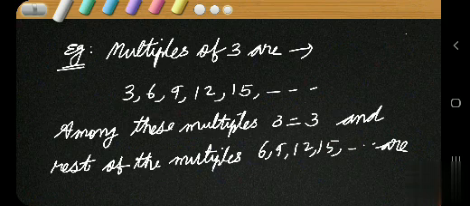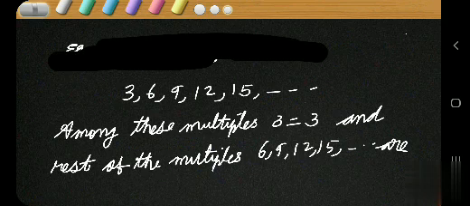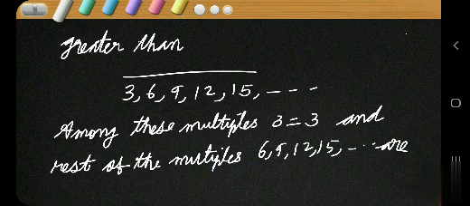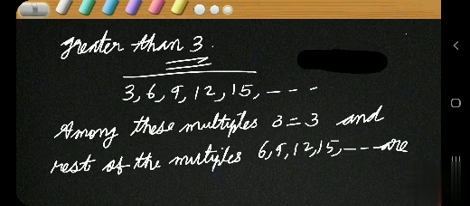are greater than 3. Among these multiples, 3 is equal to 3 and the rest of the multiples 6, 9, 12, 15, etc. are greater than 3.